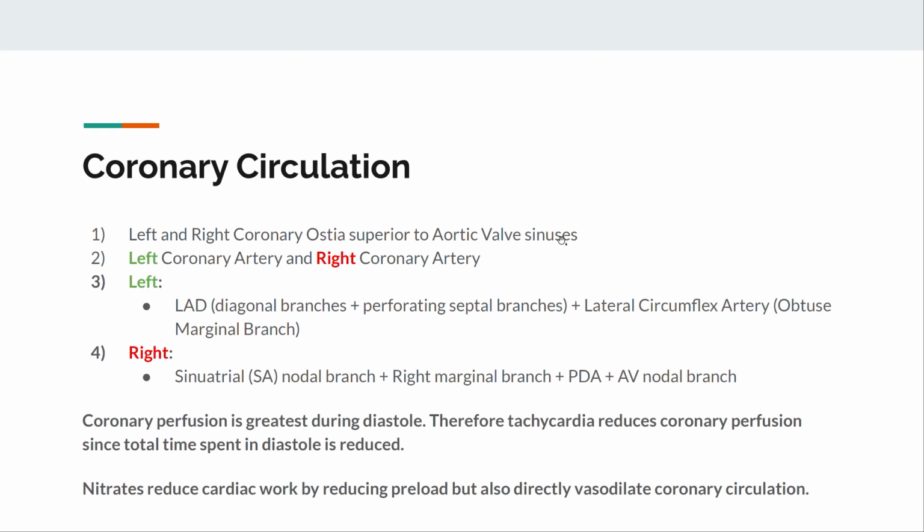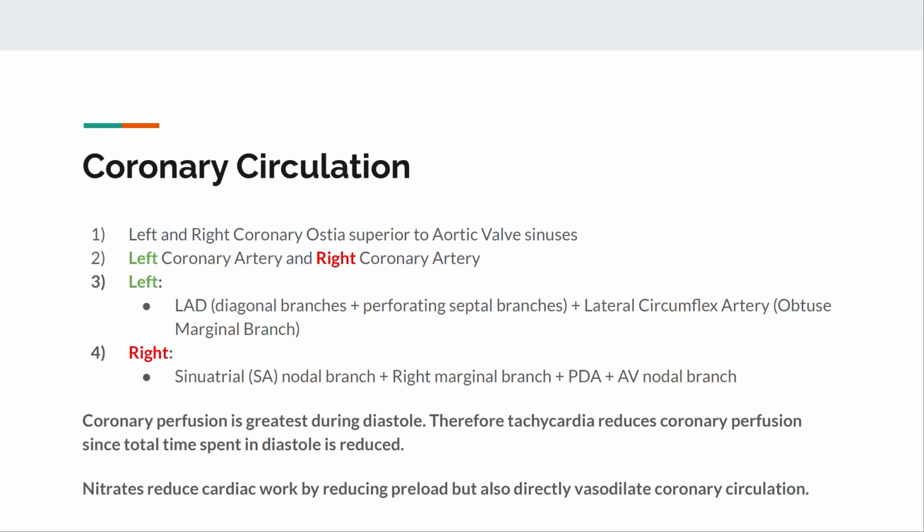Coronary circulation. So there's ostia within those valve sinuses, a left and a right coronary artery from the left and right ostia. The branches of the left that you should know are the LAD and the lateral circumflex, and then they have little sub-branches that you could probably get away without knowing right now.